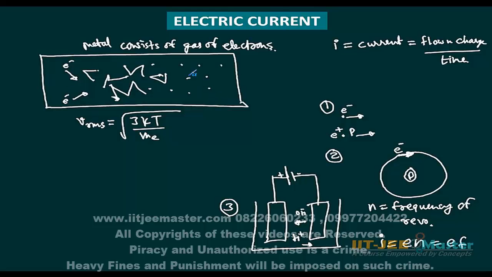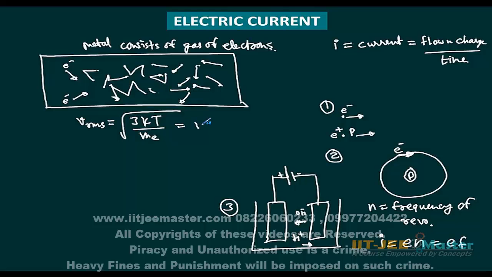But in the metal, due to this random motion, there is no net flow of charge. If you see the net flow of charge in a cross section, it is not there, because some electrons are moving opposite to the electrons moving in one direction. So electrons do random motion here. In no one direction is net flow of charge there.